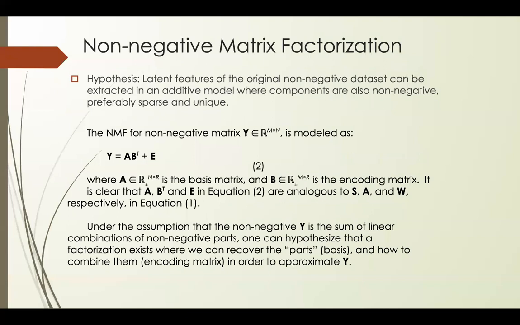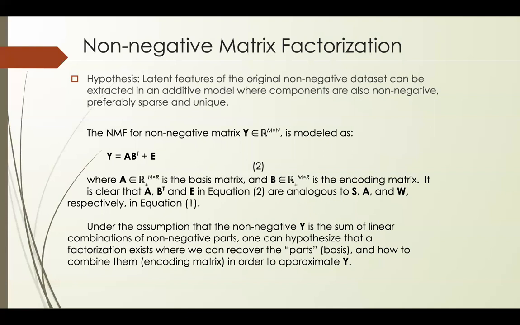The hypothesis underlying non-negative matrix factorization is that latent features of the original non-negative dataset can be extracted in an additive model where components are also non-negative, preferably sparse and unique. The NMF for non-negative matrix Y is modeled as Y equals A times B transpose plus E, where A is the basis matrix and B is the encoding matrix.